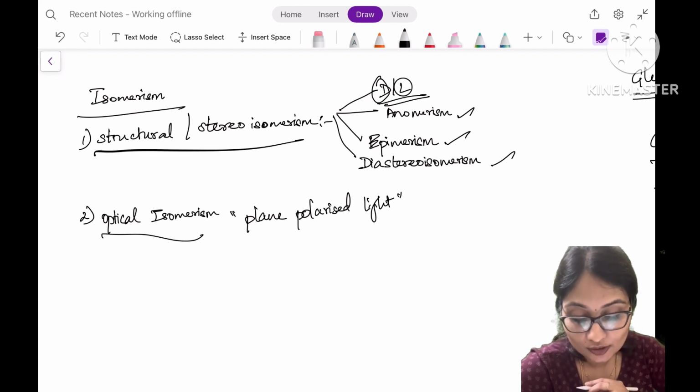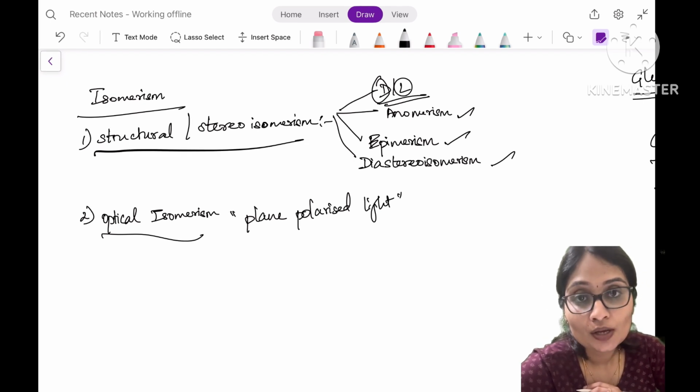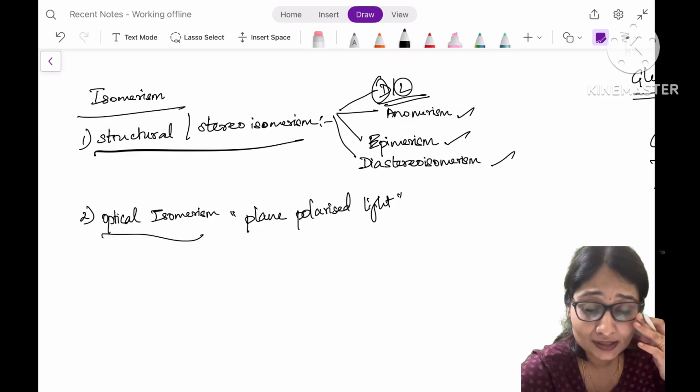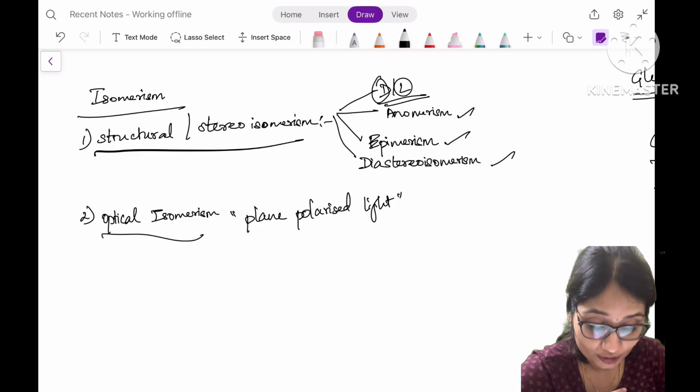Now let's look at structural or stereoisomerism. As the name says, it means the molecules have the same molecular formula.